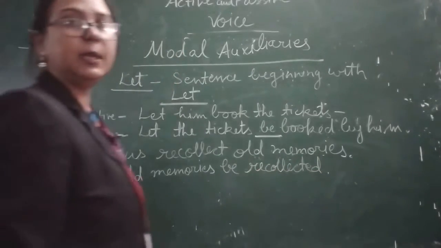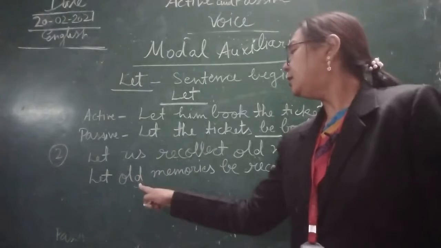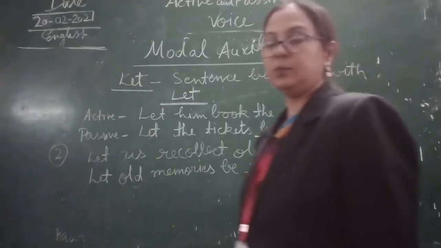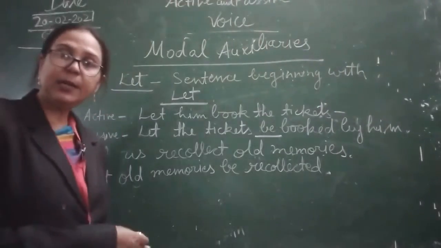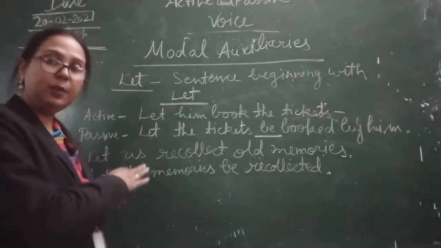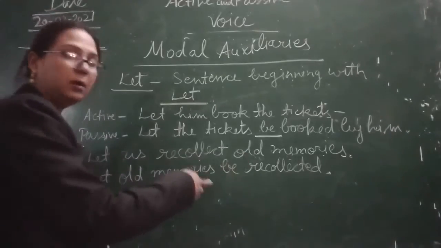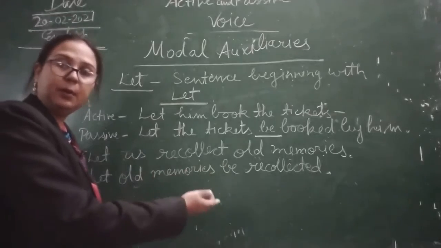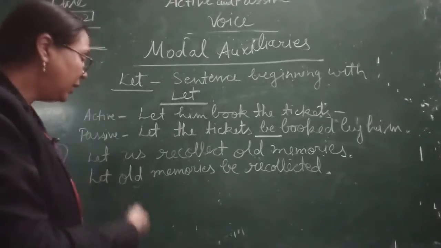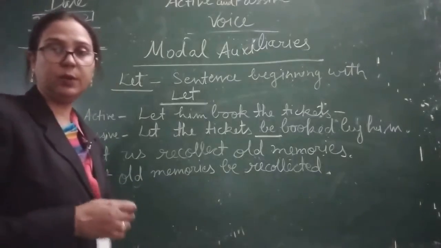Now here children, you can see what we have done. We have only done let old memories be recollected. Okay children? Similarly we will do many sentences if the sentence is starting with let. Let will be there the same in the passive voice also, and after that we just zigzag the sentence. Receiver becomes doer, doer becomes receiver. Be will be used over here.